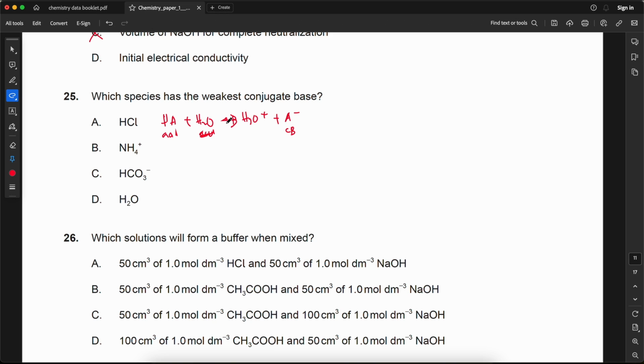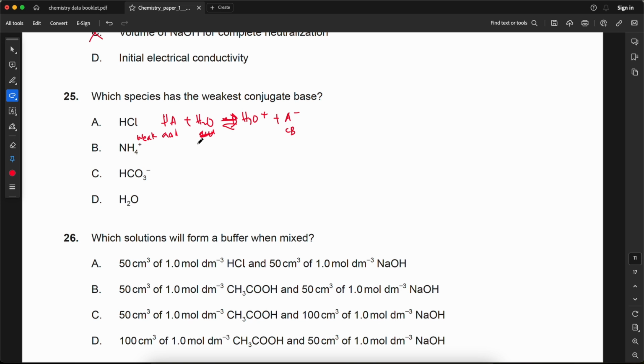The sign here is not equilibrium because the conjugate base cannot bond back to H plus, because the strong acid will dissociate completely. In the case of a weak acid, it will partially dissociate, therefore its conjugate base is able to bond back with H plus.